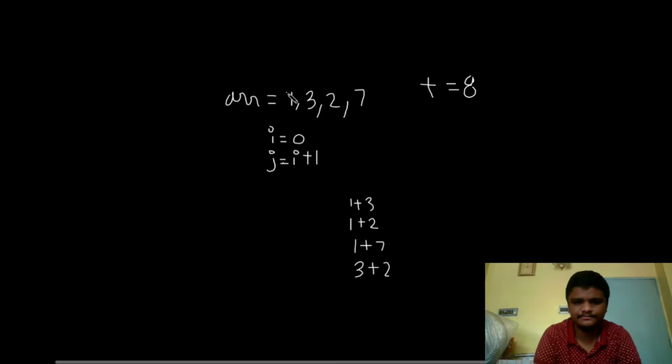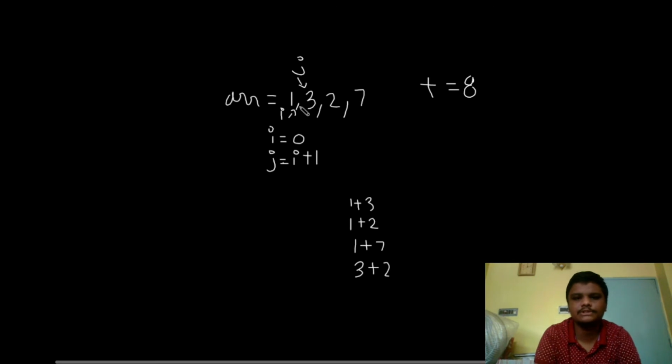That means at first our i will be pointing to 1, or the index 0, while j, since it is i plus 1, will be pointing to the index 1. Then it checks whether 1 plus 3 is equal to the target element or not.